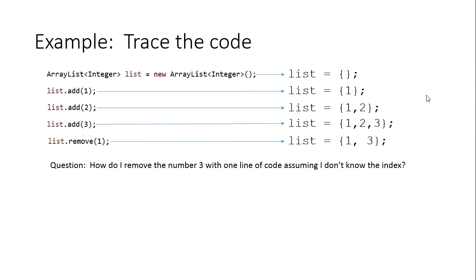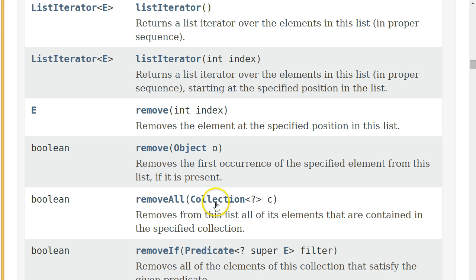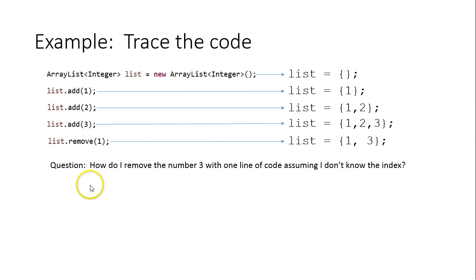So the question I have for you is, how do I remove the number 3 with one line of code, assuming I don't know the index? If we take a look at this documentation, you'll notice there's another version of remove, and this remove takes an object. So if I pass the remove method an object 3, so an Integer 3, then it will remove it.